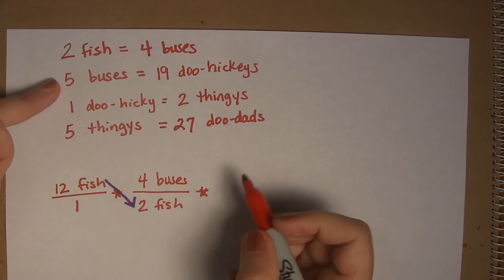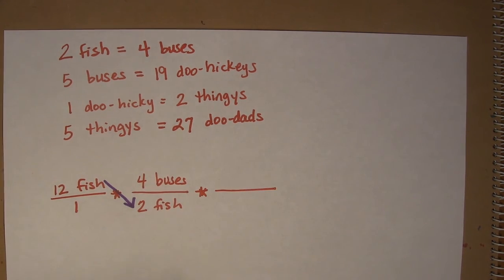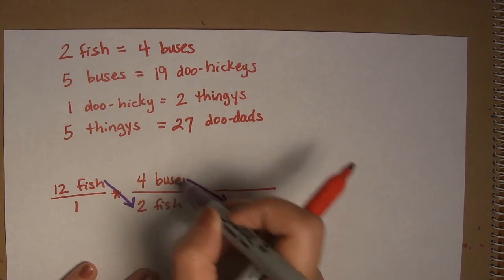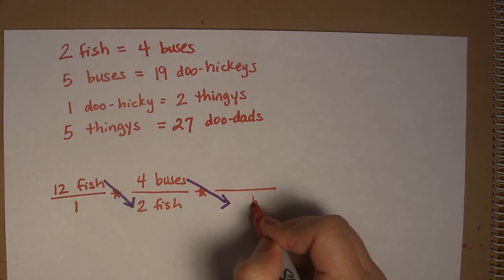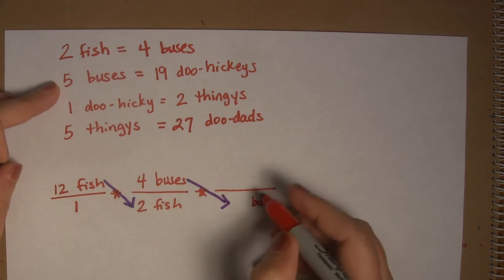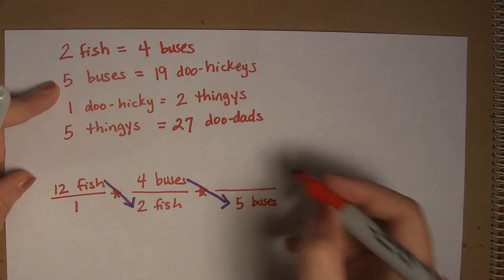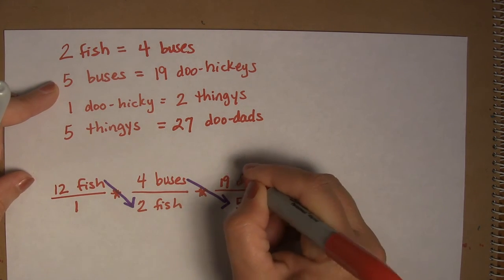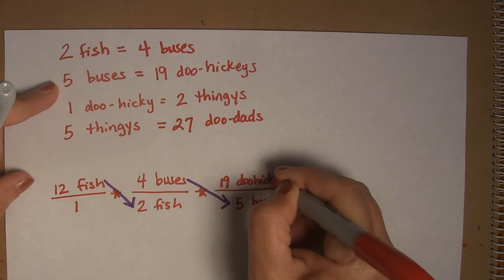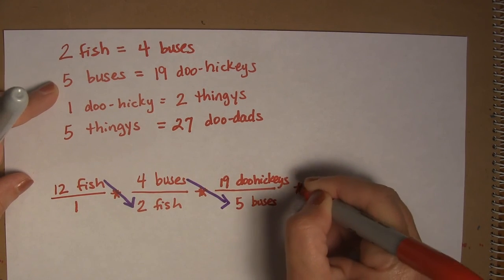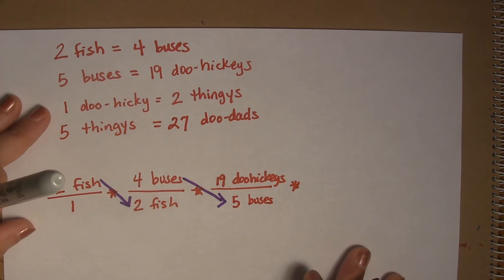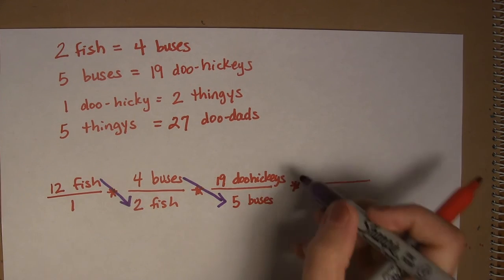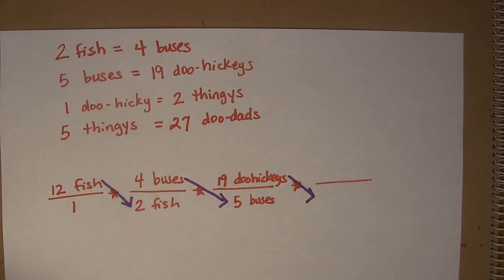And then I'm going to convert buses to doohickeys. And again, buses in the numerator, so buses have to be in the denominator. And I know that 5 buses equals 19 doohickeys. And then I'm converting doohickeys to thingies. Again, I know that doohickeys is going to go in the bottom.